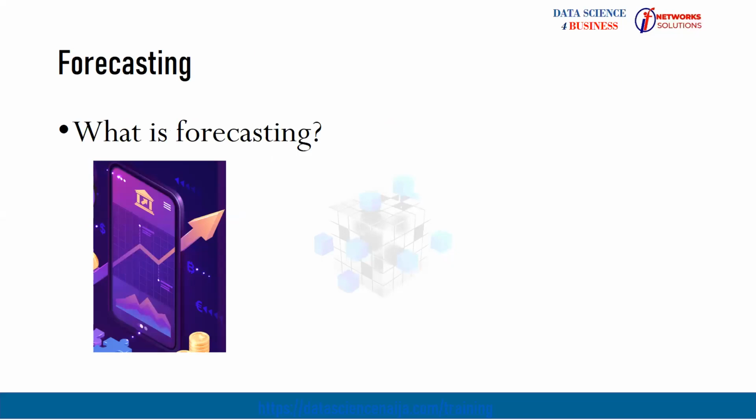What is forecasting? Basically, the idea behind forecasting is to be able to predict the future. And when we are talking about forecasting, there are qualities of a good forecast. For example, it should be timely and reliable.